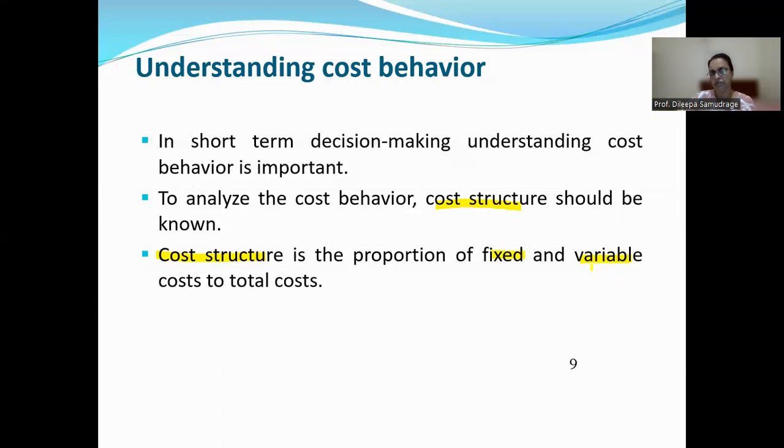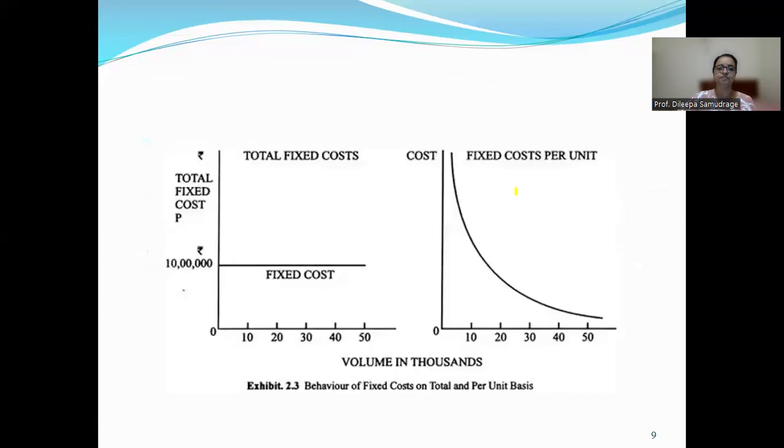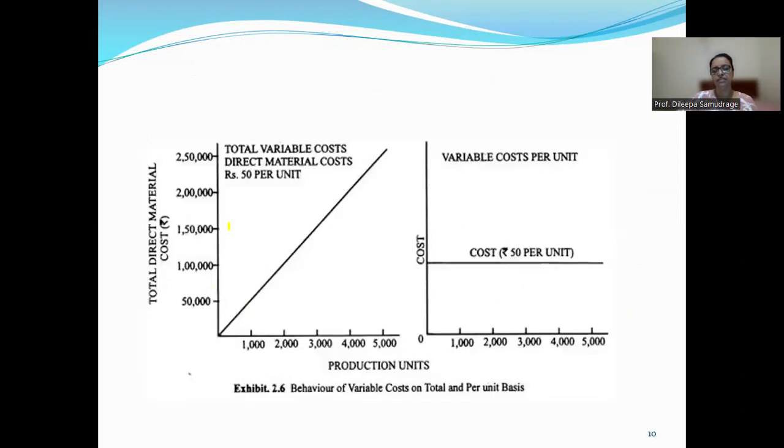So that is another point that you have to remember. You should know the behaviors, right? So this is the total fixed cost behavior. I explained these things under cost behavior, right? When you consider the activity levels, maybe production, maybe sales, maybe machine hours, based on the activity level, total fixed cost does not change, but when activity changes, the unit fixed cost decreases. Then the other point is variable cost.